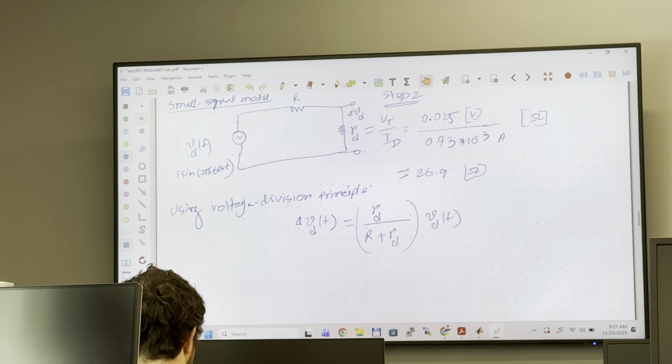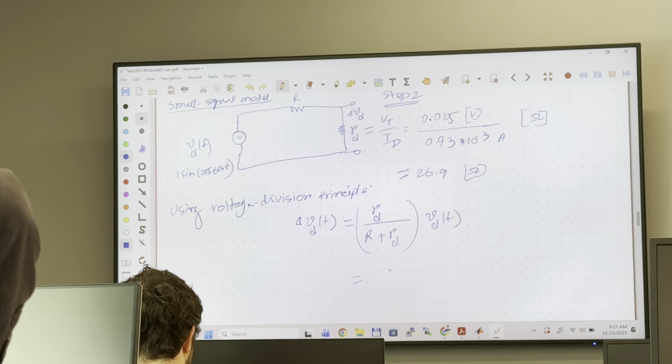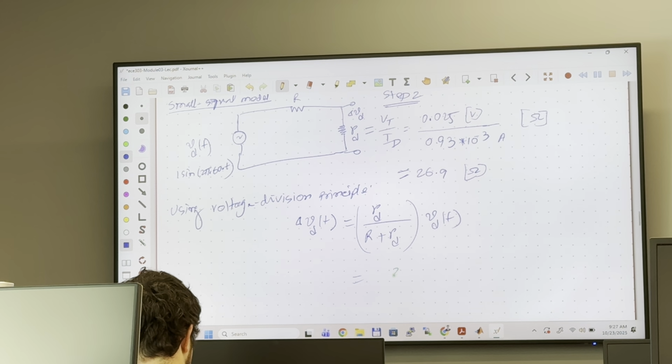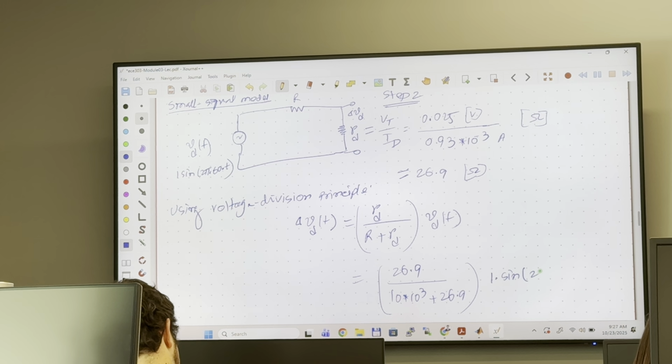So now you just substitute the numbers. RD is 26.9. How much was uppercase R? 10K. So it's 26.9 over 10 times 10 to the 3 plus 26.9, times 1 times sine 2 pi times 60 times t.